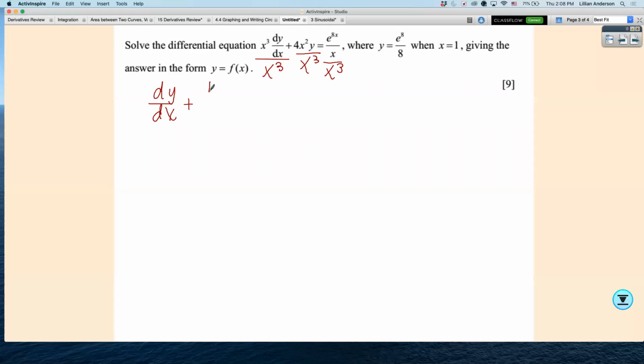So 4y over x, because the x squared would cancel out with two of the x's in the denominator, equals what? e to the 8x. There we go. Now what?